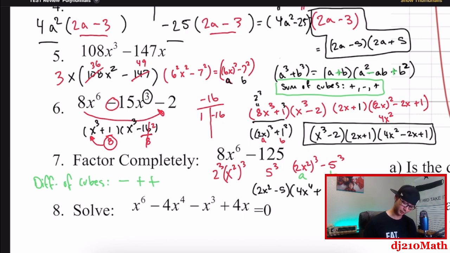I'm not counting the negative, 5 is b. So 5 times 2x squared, which is 10x squared, plus b squared, which is 25.